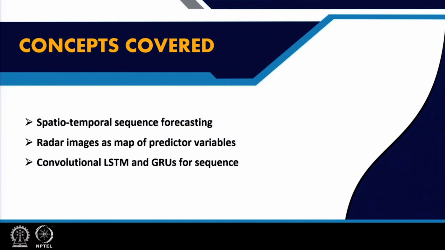So here the input will be a spatiotemporal sequence, and the output which we are trying to forecast is also a spatiotemporal sequence. However, in this case, instead of having actual measurements of the predictor variables, we will have maps obtained from remote sensing.